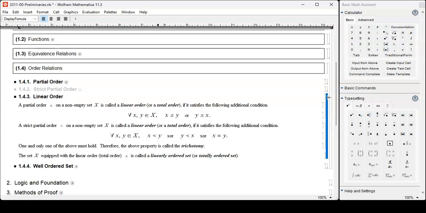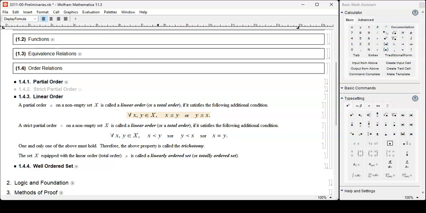Next, linear order or total order. It's a partial order with an additional structure: x is less than or equal to y, or y is less than or equal to x. We have to have one of those. Sometimes it's called comparability. Any pair of elements must be comparable.